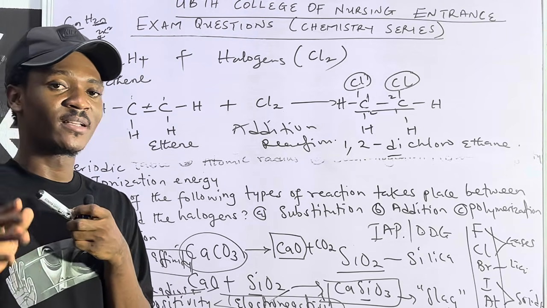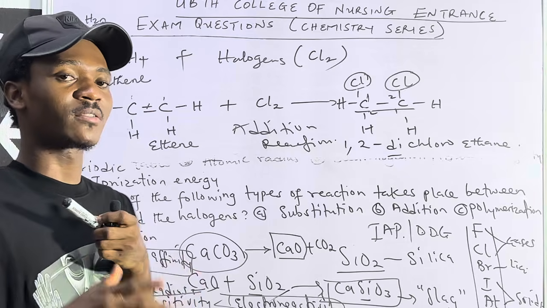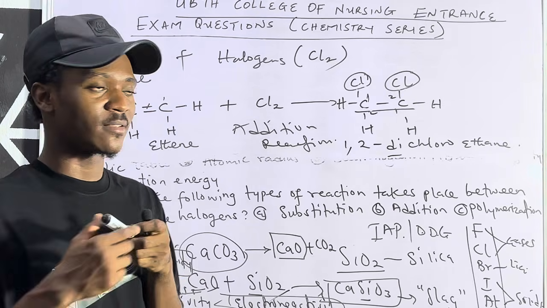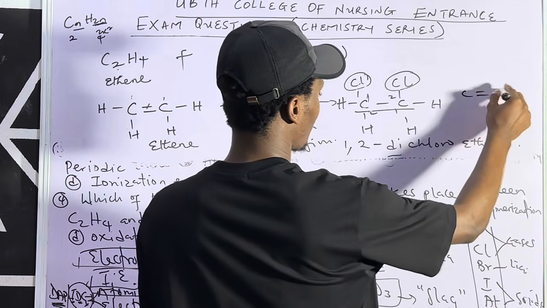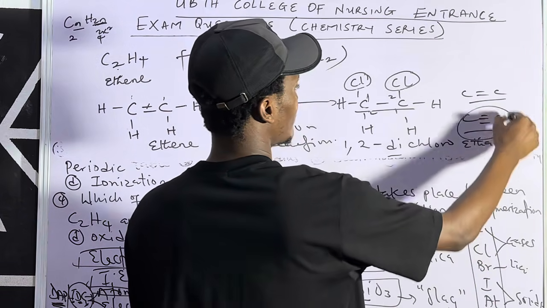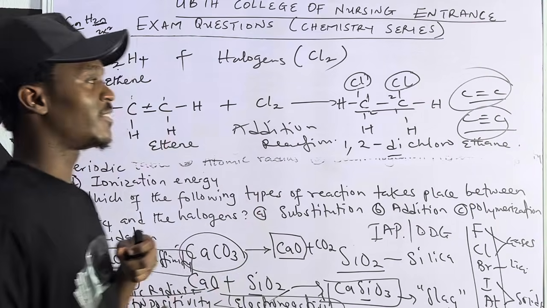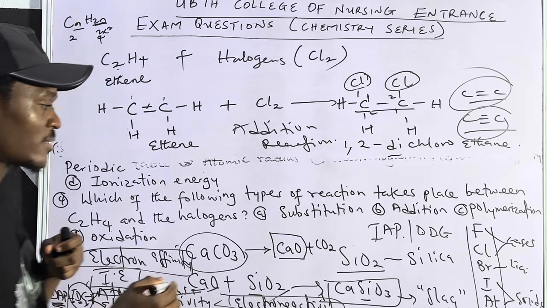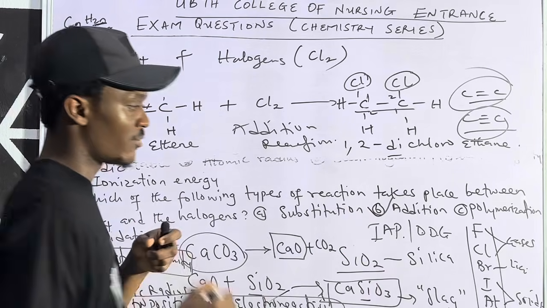That's the reason why the alkanes are known to carry out substitution reaction. While the alkenes, with carbon to carbon double bonds, and the alkynes, with carbon to carbon triple bonds, are known to undergo addition reaction. So the correct option in this case is option B, addition reaction.